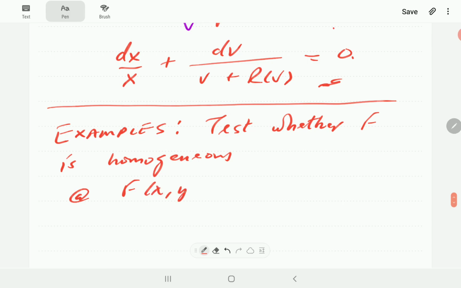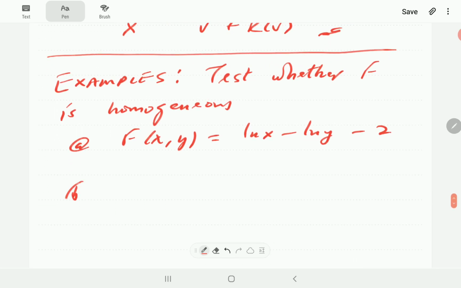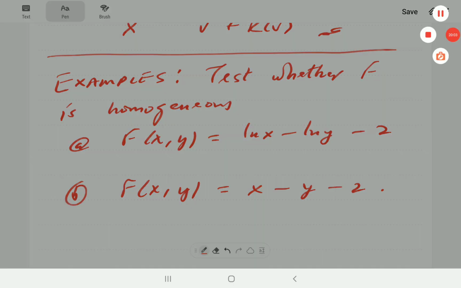Suppose we've got (a) f of x, y equal to ln x minus ln y minus 2, and (b) suppose we've got f of x, y equal to x minus y minus 2. If you'd like to, pause the video and have a go at these, and then when you press play you will find our solution to these two examples.